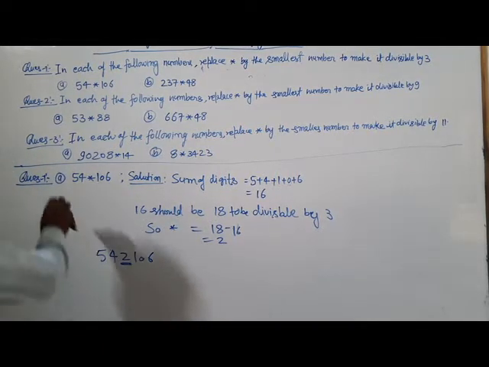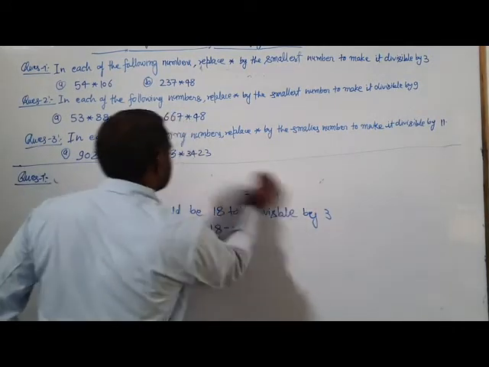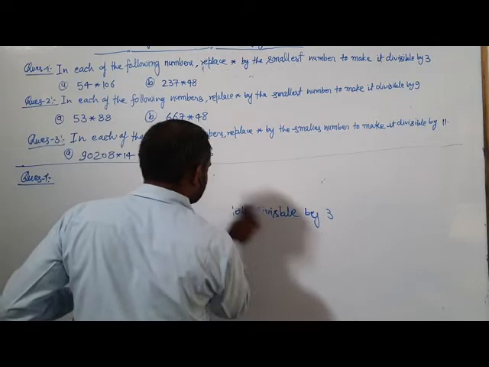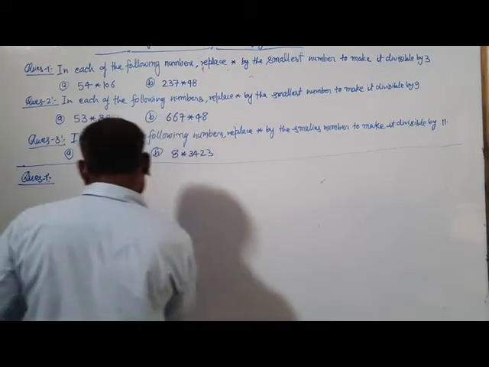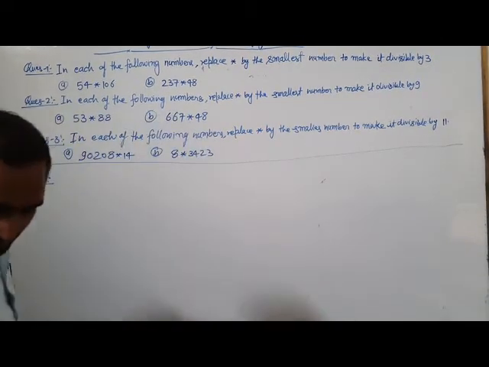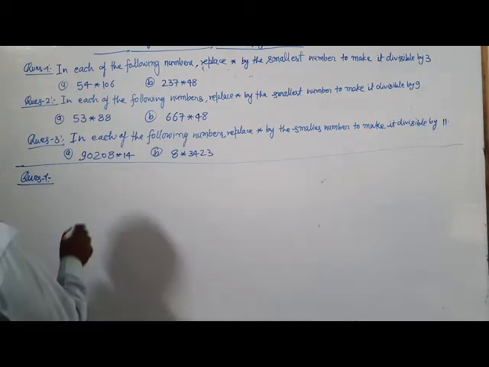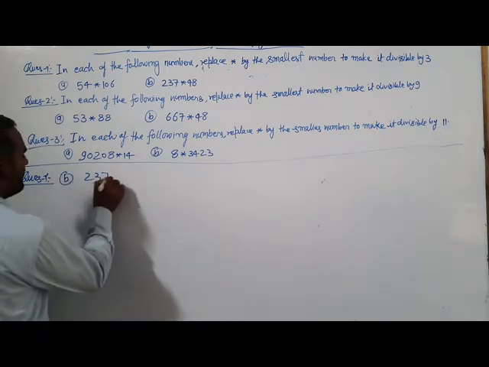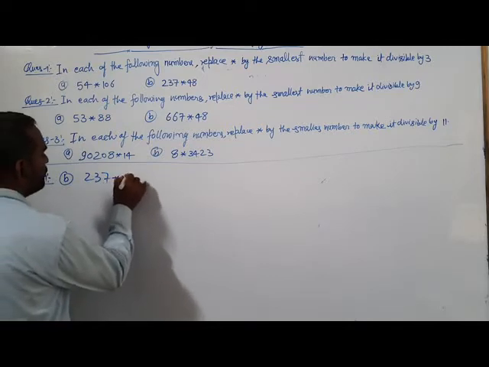Now you see option B. B is 2 3 7 star 4 8.